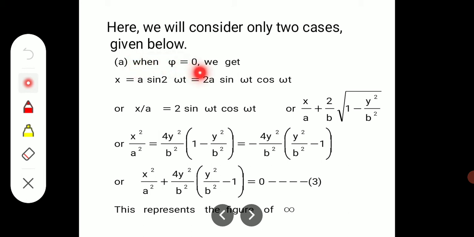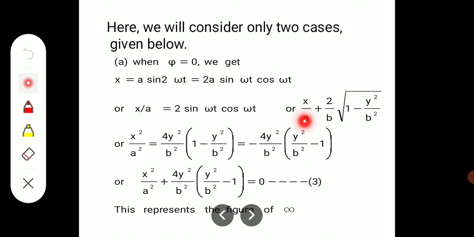When phi is equal to 0, we get x equal to a sine 2 omega t, which equals 2a sine omega t cos omega t, or x by a equals 2 sine omega t cos omega t. We can substitute the values of sine omega t and cos omega t.